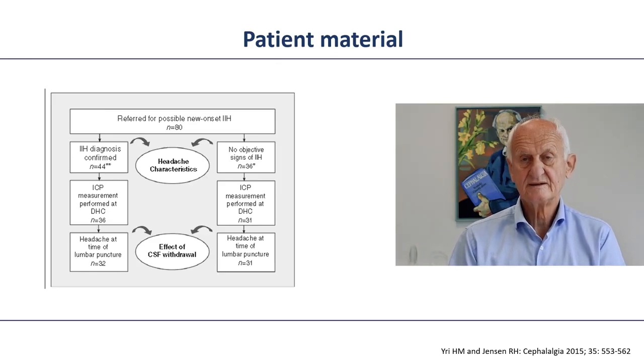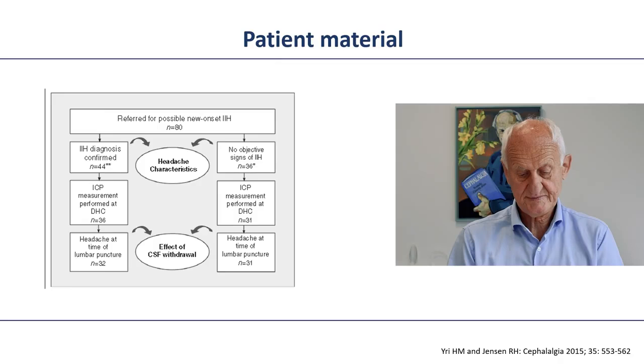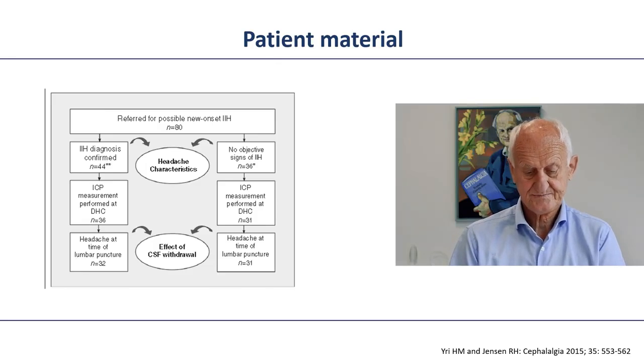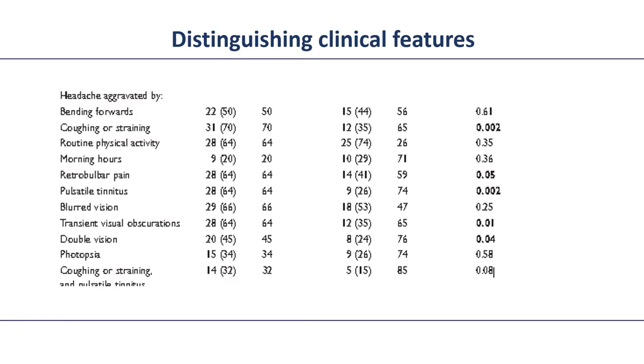And then the headache characteristics were described in both groups of cases. We monitored the intracranial pressure, and at lumbar puncture we withdrew some spinal fluid and saw how the headache changed. And then these two groups were compared, and all this data were compared to the existing diagnostic criteria of idiopathic intracranial hypertension.